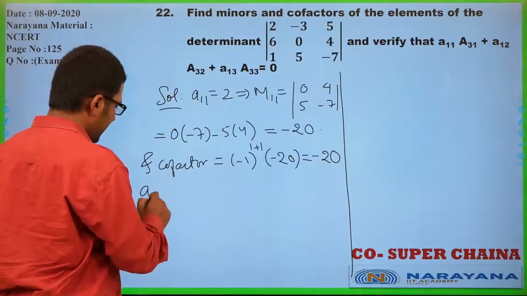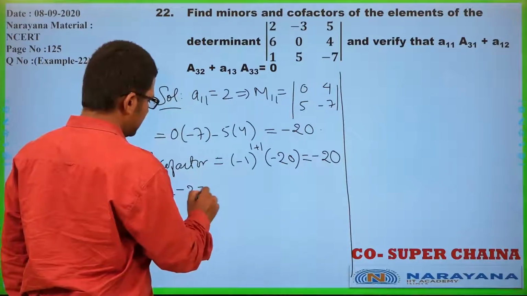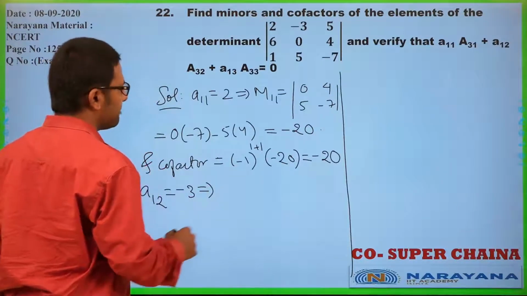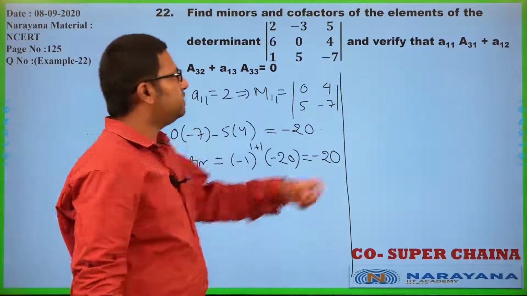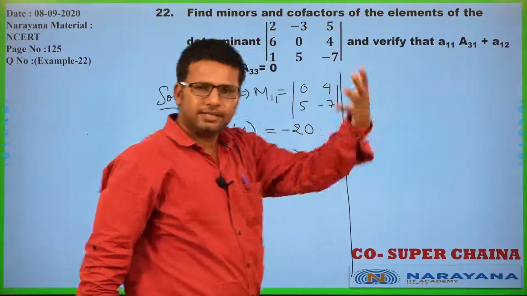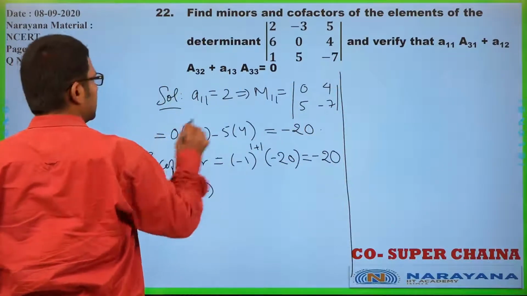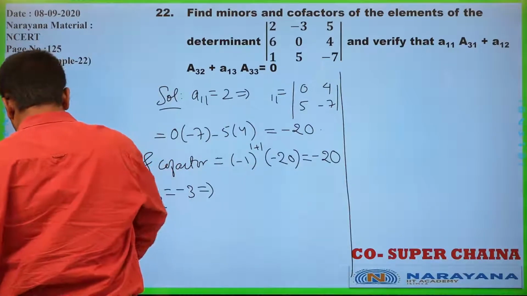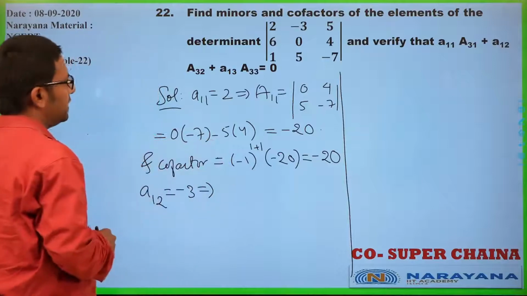Then A12 is minus 3. See here instead of M they are using capital A, so let us use that notation. Let us use capital A here, right? Okay.